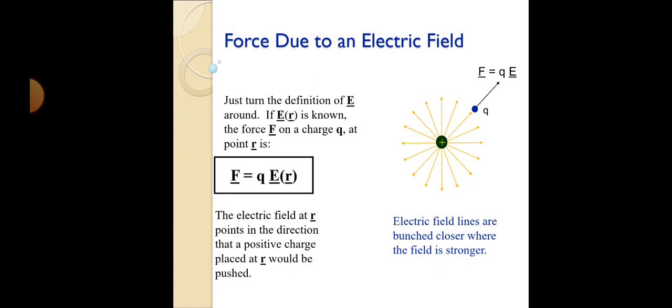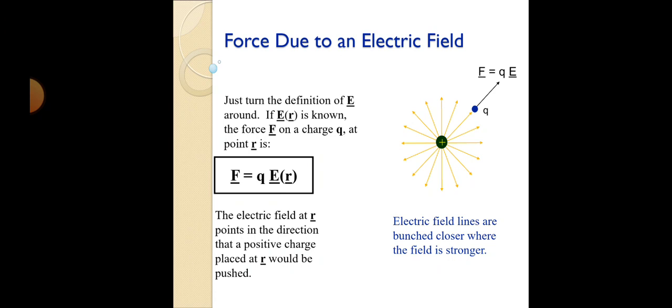Here the point charge Q will experience a force by the electric field that is made by the plus Q charge. That's why the plus Q charge will attract or repel the Q charge depending on whether the nature of the Q charge is positive or negative.